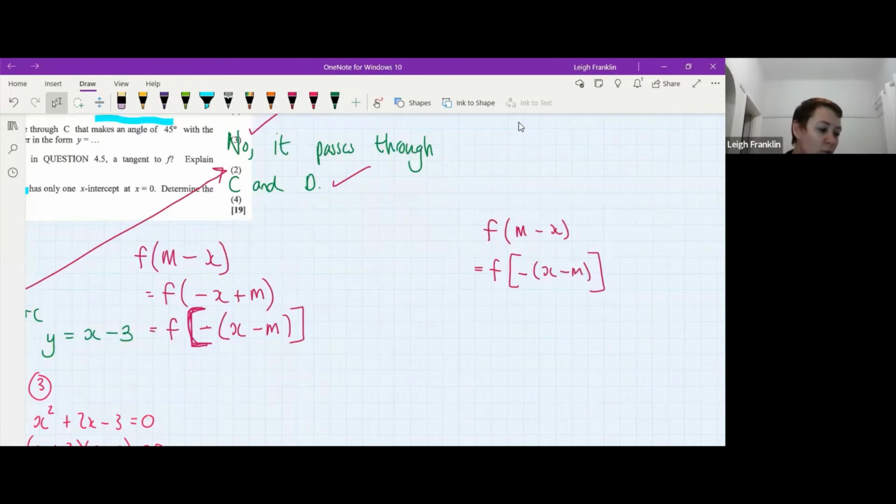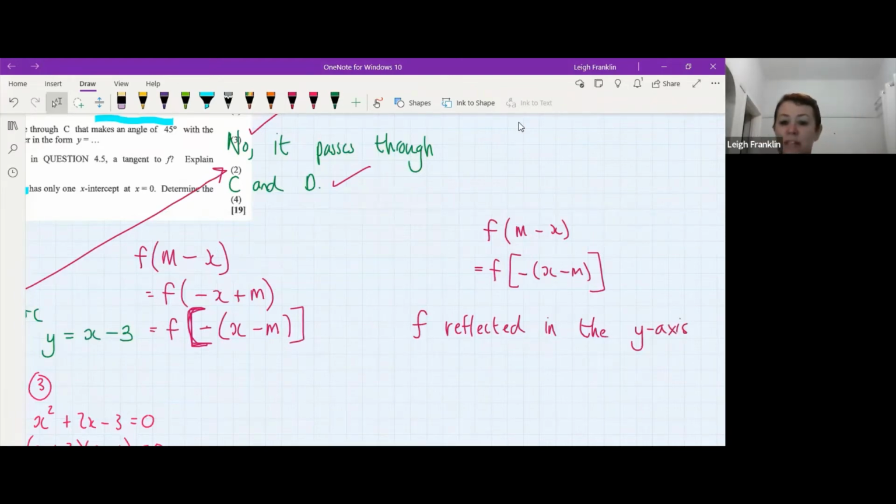So now when we have a look at this, we can see that x has changed sign. That means that f must be reflected in the y-axis first of all.